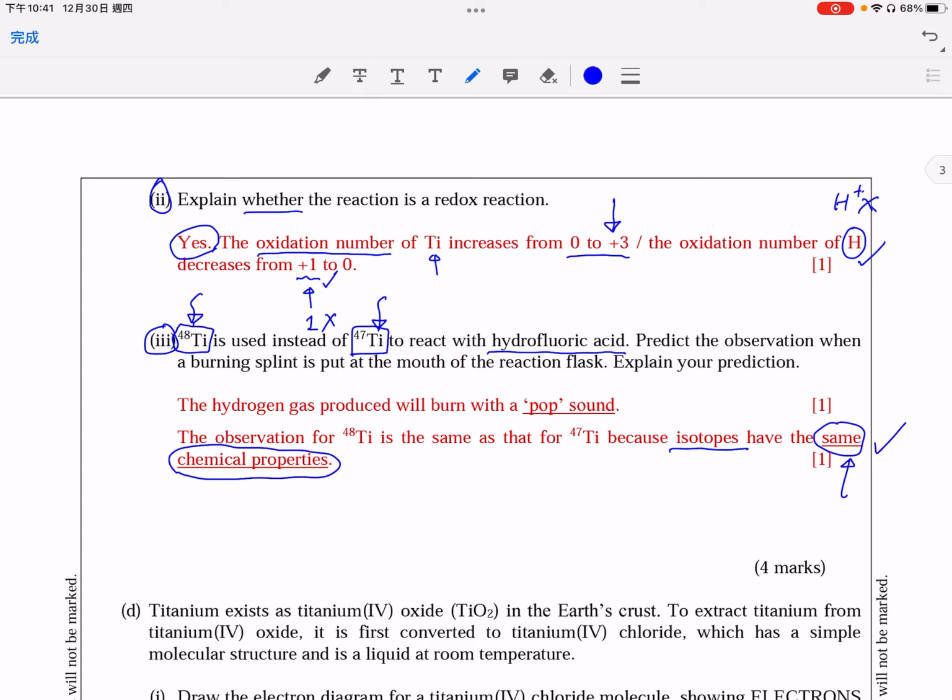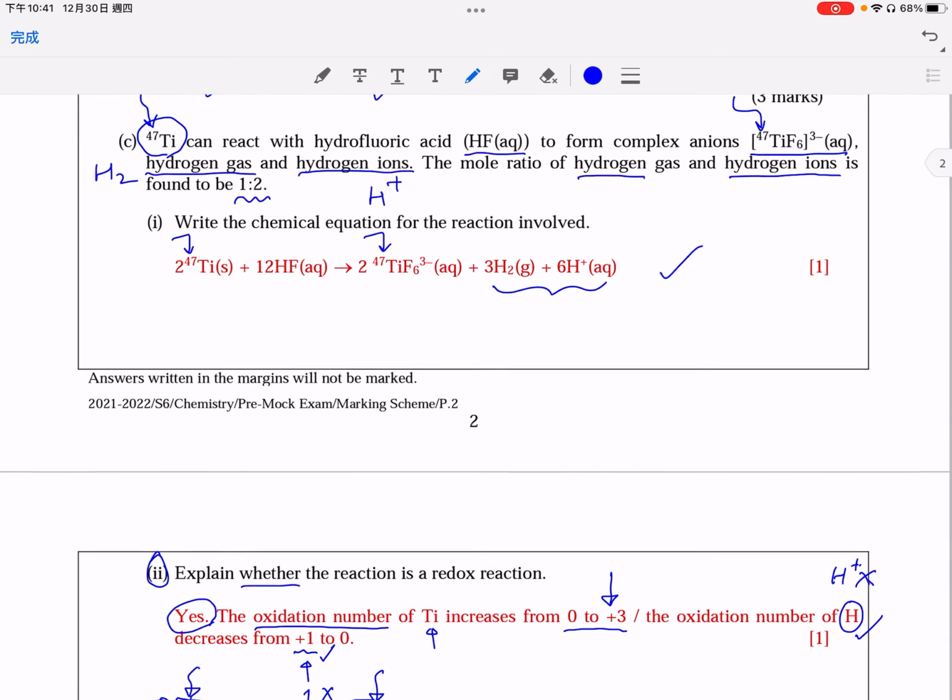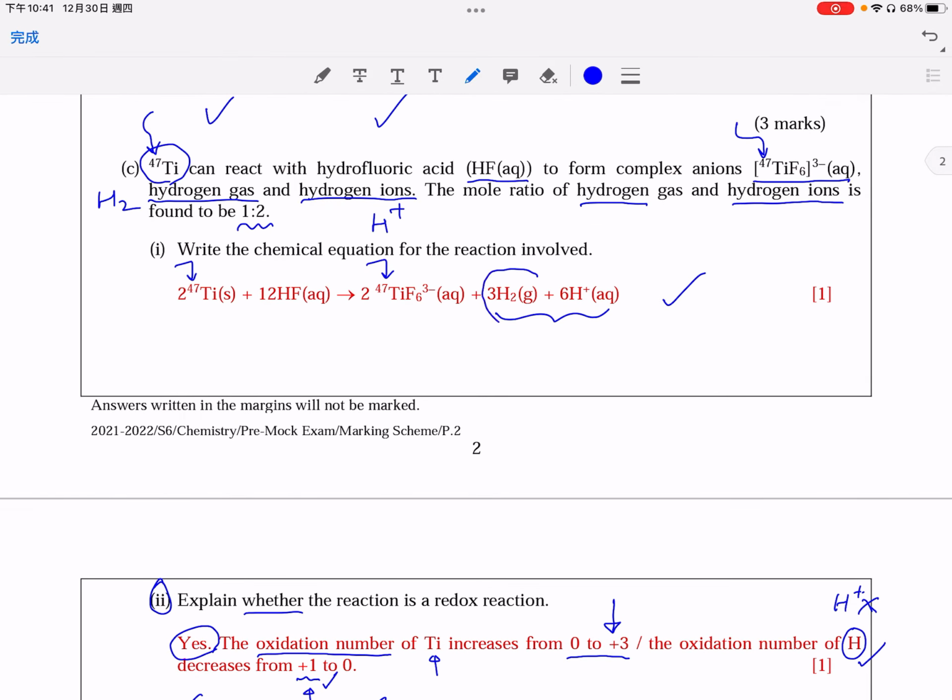You must write same chemical properties. I found some of you wrongly put down similar chemical properties. This is incorrect. Okay, same chemical properties for isotopes. The observation, of course, pops out. As you were told earlier, hydrogen gas will be produced in this reaction.